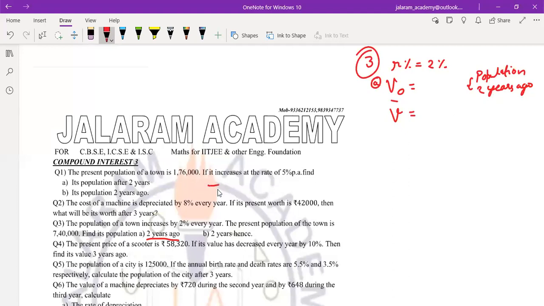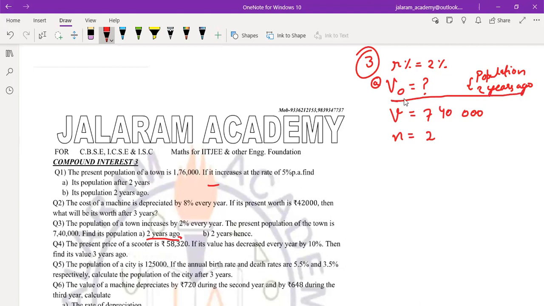This is the same as question number 1, which we discussed in the previous session. Population 2 years ago is unknown and present population is known. It is the final population. V means final population. The present population, 7,40,000, is taken as V. And the number of terms is 2 only, as we have to find the population of the town 2 years ago, so we assume it to be V naught.